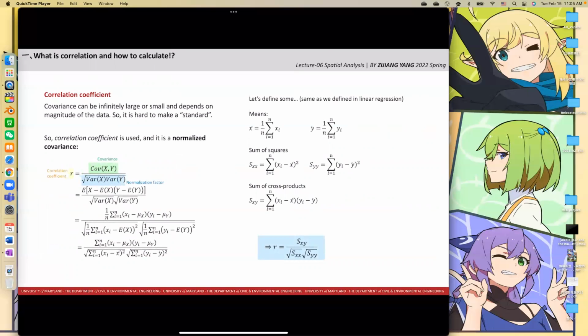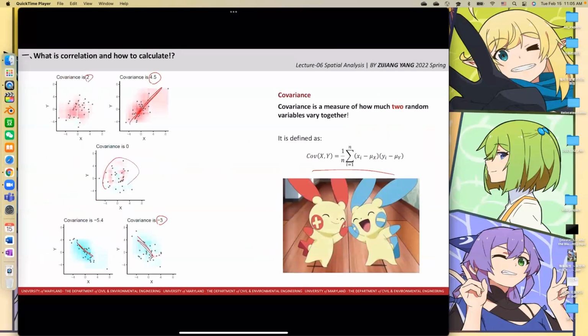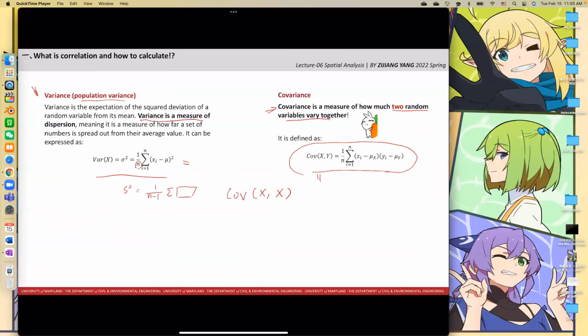Yes. Do we talk about covariance in relation to samples or only population? Yes, that's a good question. Based on the formula of covariance, we can see that it uses n. I did some research because I also had this question. When people talk about the sample covariance, I think they also use this one.